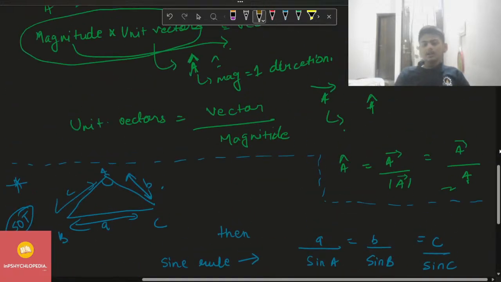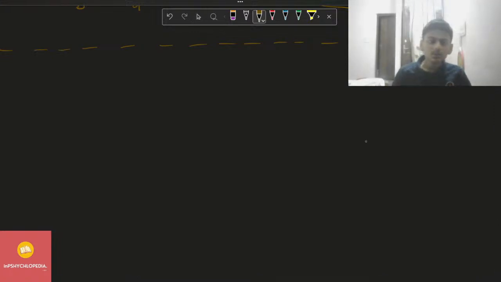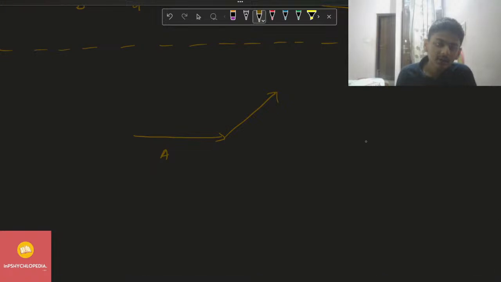So basically both are the same thing, only the illustration is different, but I will tell you both. I won't tell you the definition, but let's say there is one vector like this and another vector like this. Let us name this A, then B. Then the resultant of A and B will be like this.